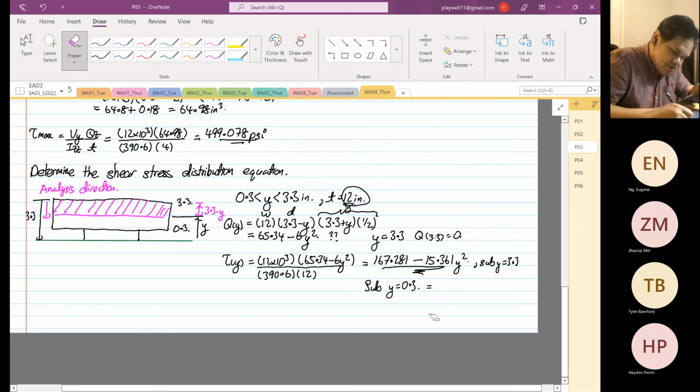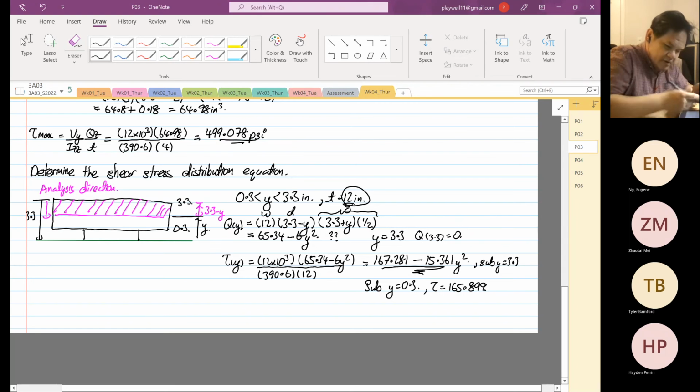So the shear stress is equal to 165.899. I'll do it again: 167.281 minus 15.361 times 0.3 squared is 165.891.